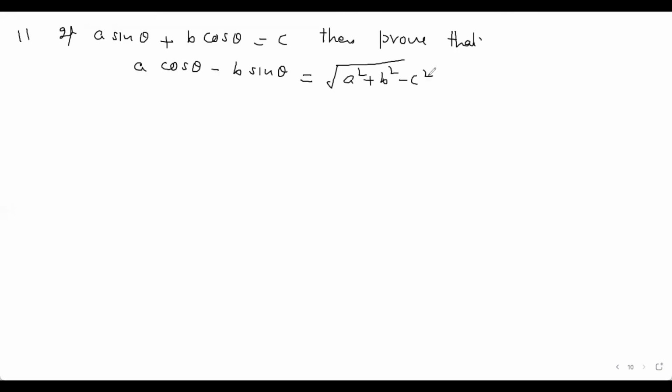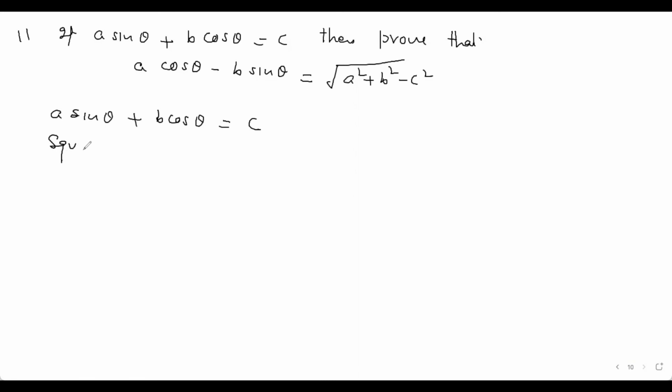Now the 11th sum. The question is, if a sine theta plus b cos theta is c, then prove that a cos theta minus b sine theta is root a square plus b square minus c square. Now this is a sine theta, this is a cos theta. This is plus, this is minus. Then this is b cos theta, this is b sine theta. So what we are going to do, now we have a sine theta plus b cos theta is equal to c.